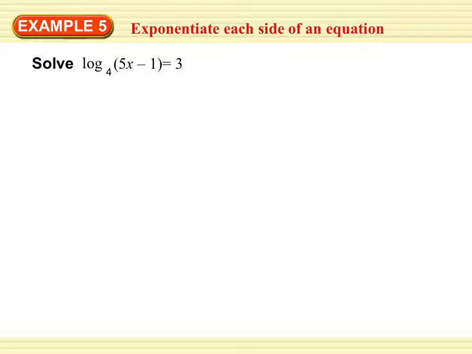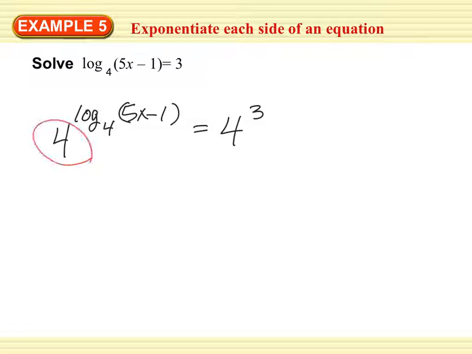Okay, a little bit strange, but if I take 4 raised to the log base 4 of 5x minus 1, which looks super crazy, but if you remember, in the last lesson we learned that when these match, I can say 5x minus 1 equals 4 to the third power, which is 64. This side of the equation simplifies quite easily and gloriously.